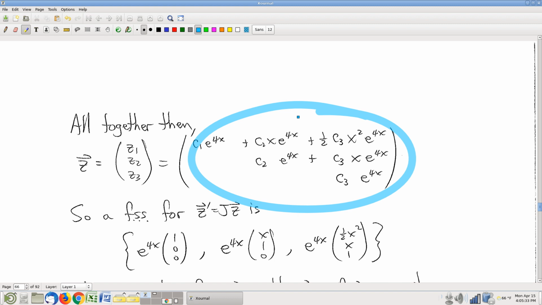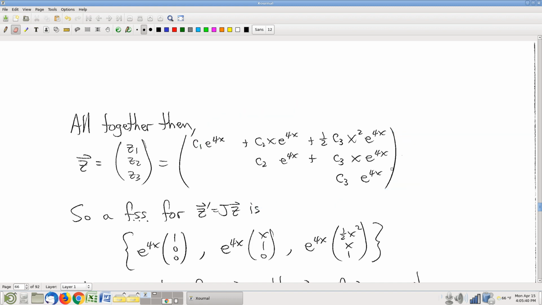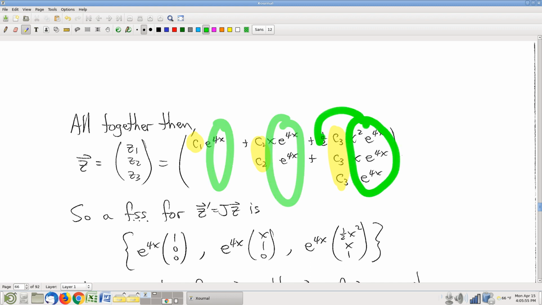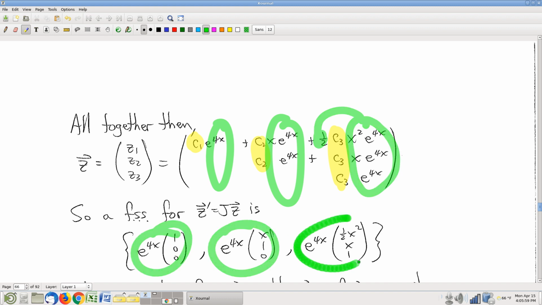Instead of leaving this as just some sort of general solution, let's try to view this as a linear combination so that we can find a fundamental set. It's easiest to view this as a linear combination by seeing that these are going to be your coefficients in your linear combination, and therefore that, and that are your fundamental set of solutions.